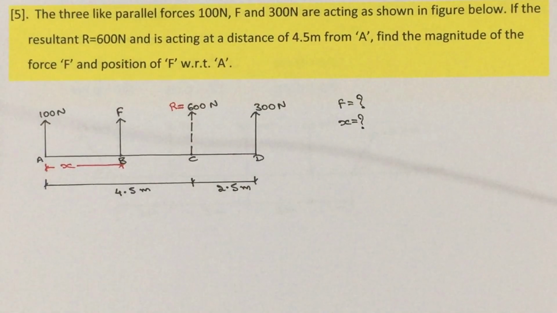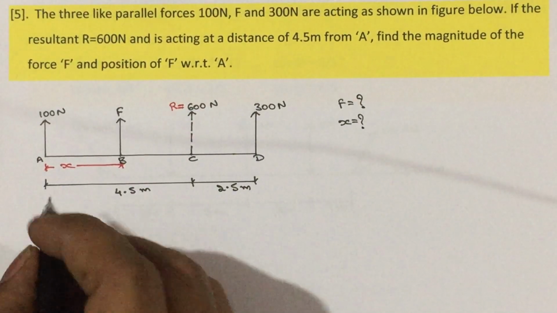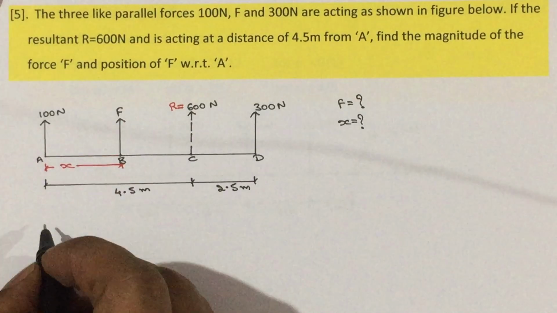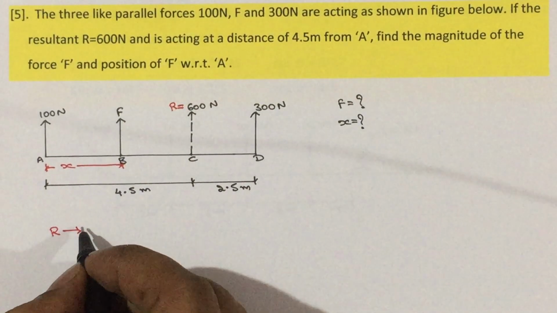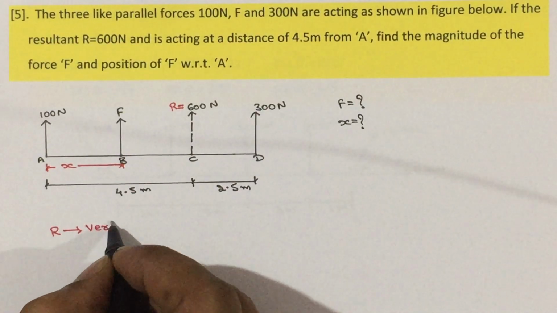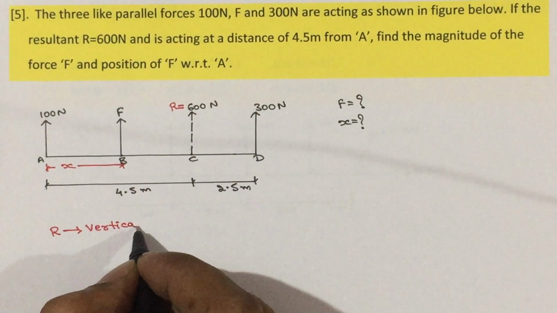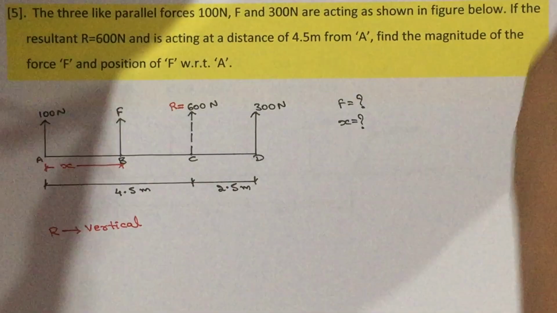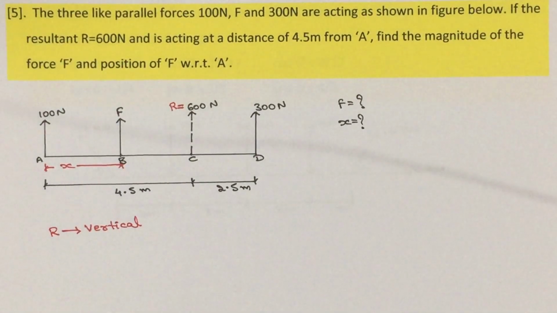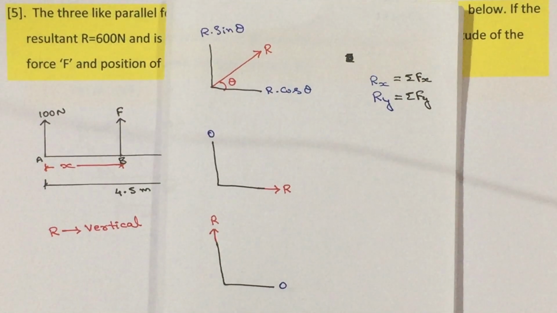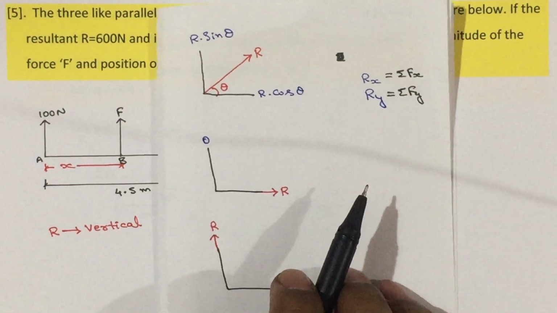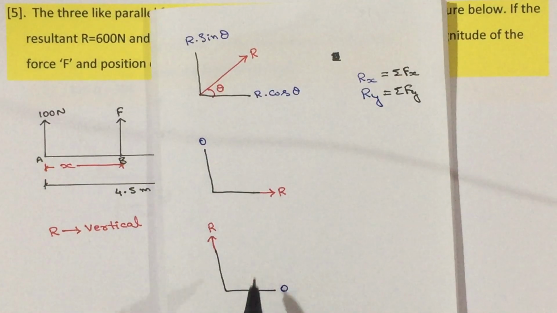Since the resultant is given, we need to write it first. Here the resultant is given and is acting vertical. We already discussed in the previous problem, we have three instances of the resultant.